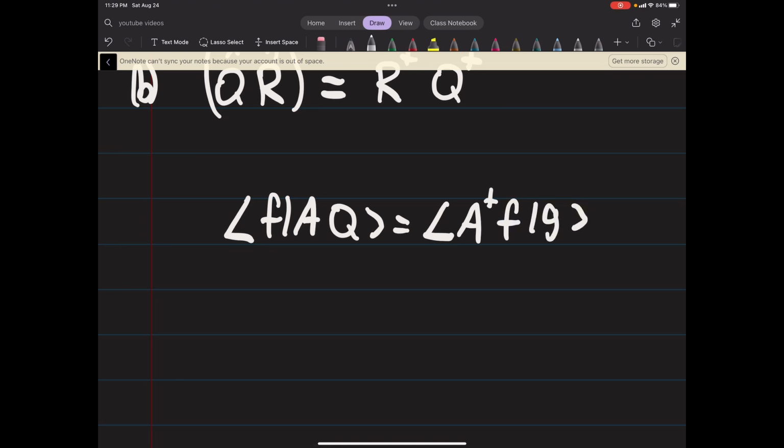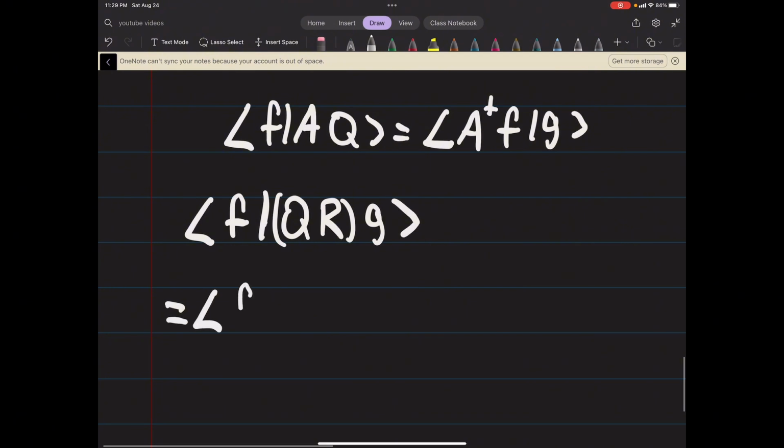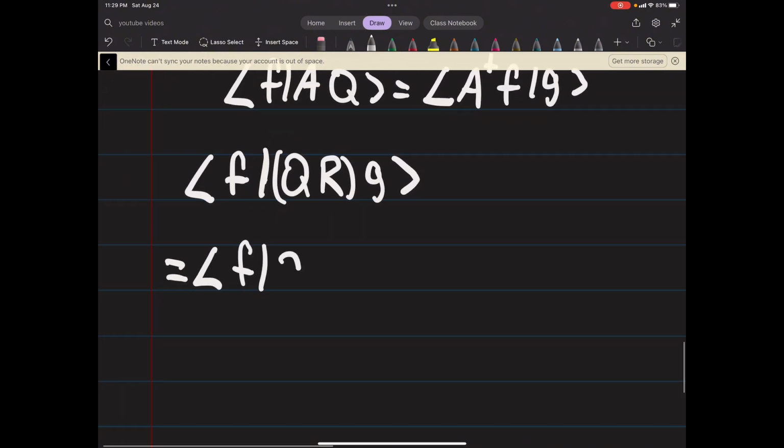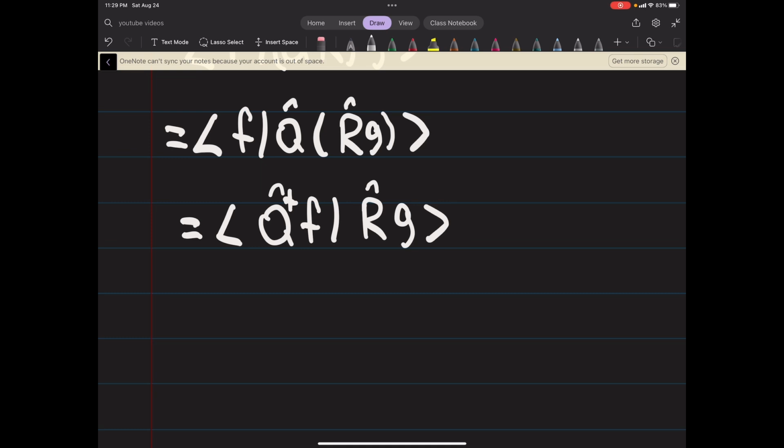But instead of A, we're going to use Q and R. I don't always put the hats on the operators. Then we can move this Q over, so we get Q dagger F, and then we have R acting on G. And in the next step, we can move the R over, and then we have R dagger Q dagger F, G.